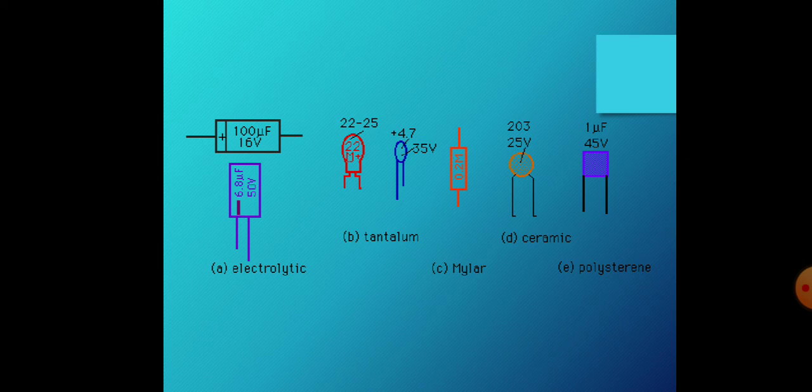You can already read the capacitance, which is 100 microfarad. Here is 6.8 microfarad, and 16 volts and 50 volts. In the ceramic, you can see there are 203. That means you are going to decode it 20 and then 3 zeros, that's 20,000 picofarad.